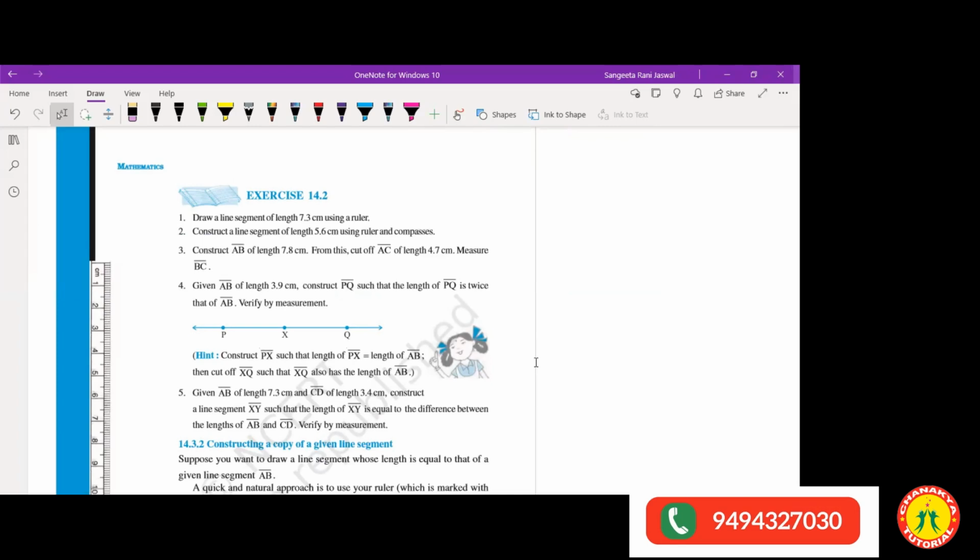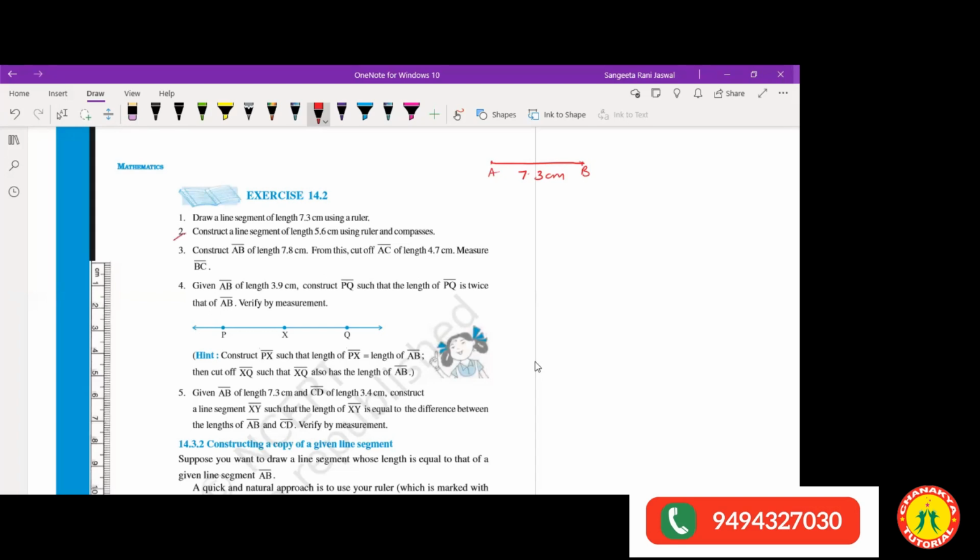Draw a line segment of length 7.3 centimeters using a ruler. This is what they're saying. This is the line segment, say A to B. It's only this much. So everybody can make this.